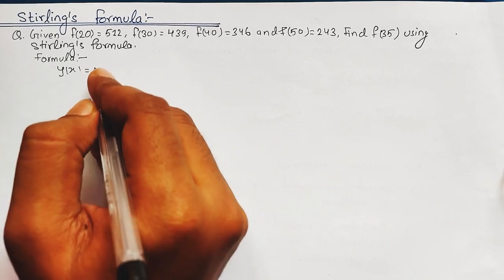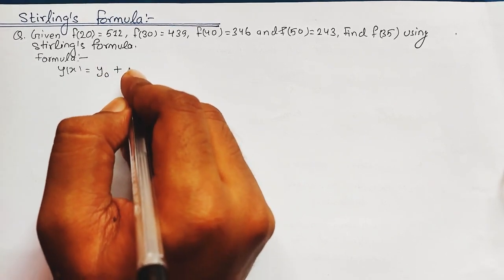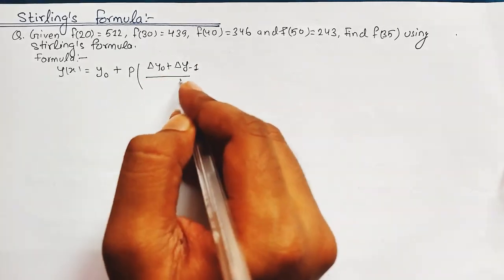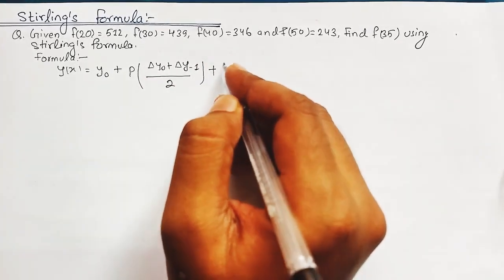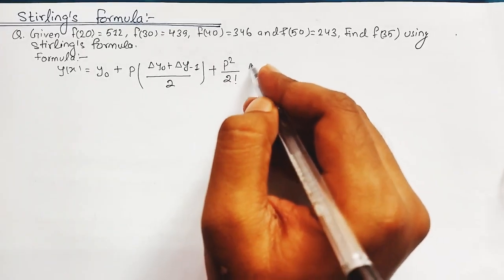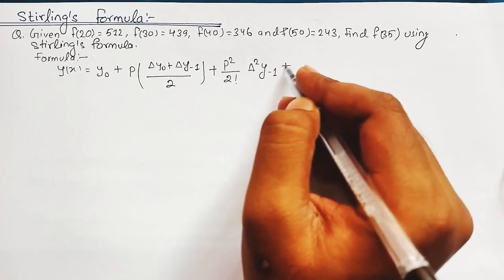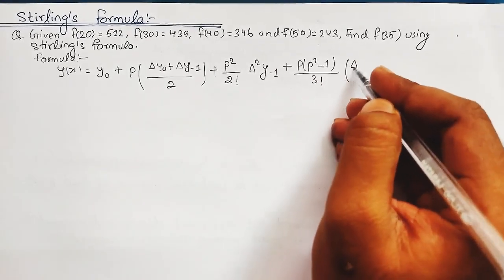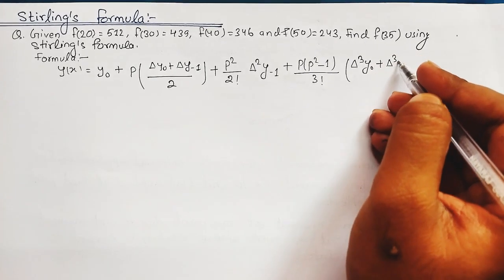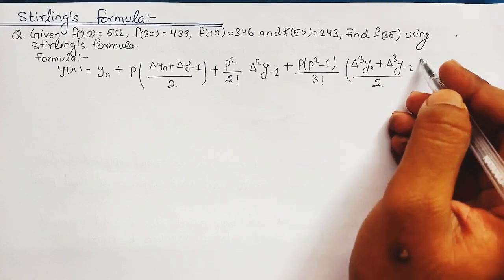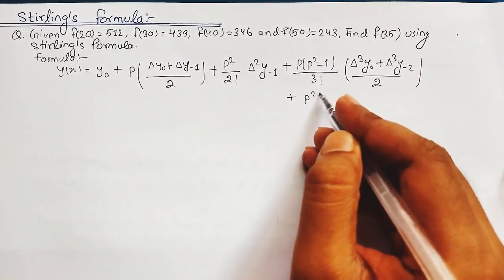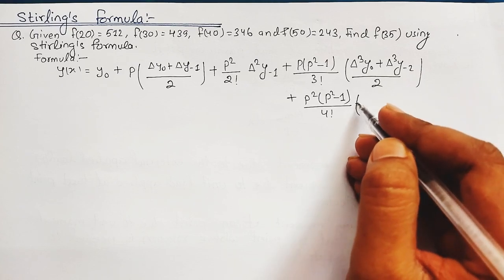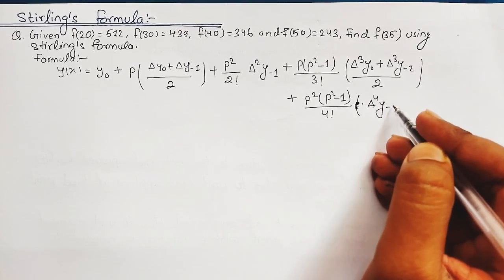y x equals y naught plus p times delta y naught plus delta y minus 1 upon 2, bracket close, then again plus p square by 2 factorial times delta square y minus 1 plus p times p square minus 1 upon 3 factorial times delta cube y naught plus delta cube y minus 2 upon 2, bracket close, plus p square times p square minus 1 upon 4 factorial times delta 4 y minus 2.